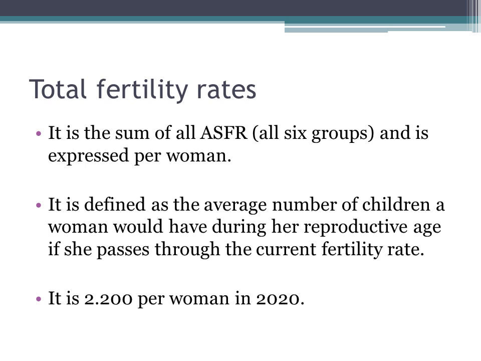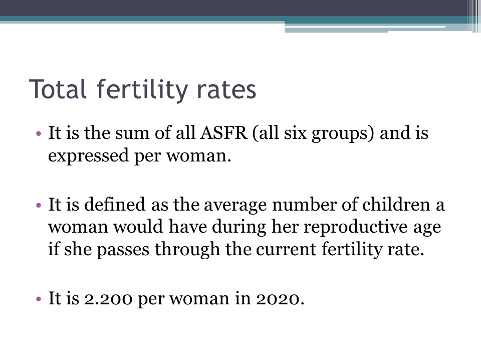Now we have the total fertility rates. Now total fertility rates are computed by adding the age-specific fertility rates for all the 6 age groups, which include the females in the age group of 15 to 44 or 49 years of age, and it is expressed per woman.